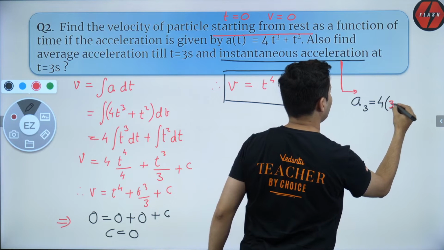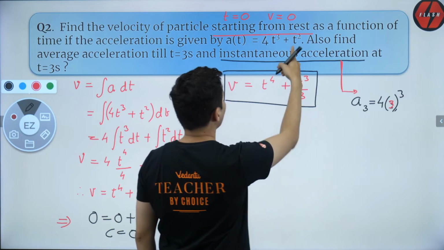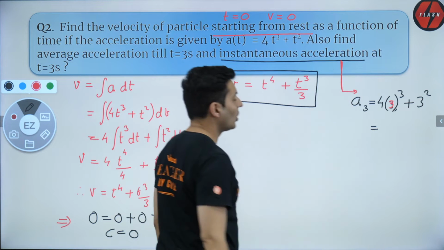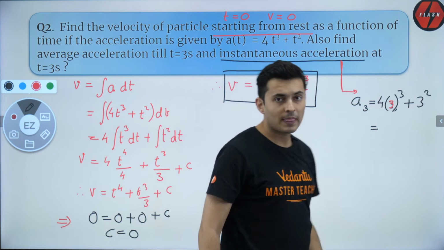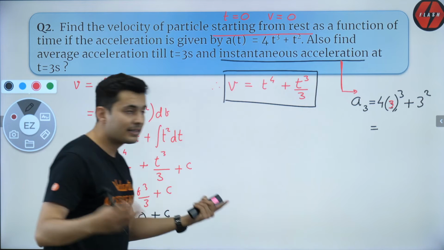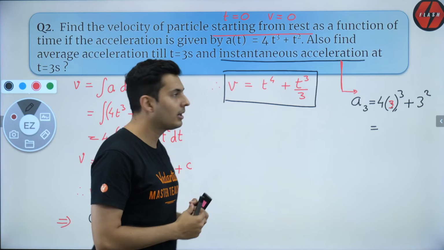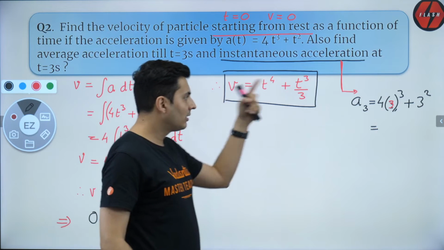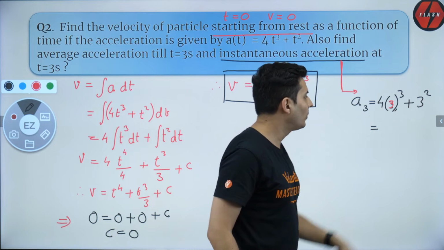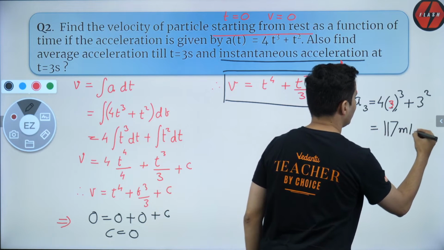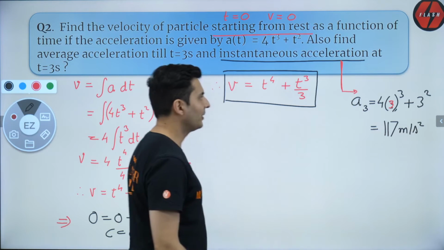It was 3 cube plus 3 square. That's it. 3 square is 9, 3 cube is 27. 27 into 4 is 108. 108 plus 3 square was 9. So I think it should be 117 meters per second square. That's what you will get.